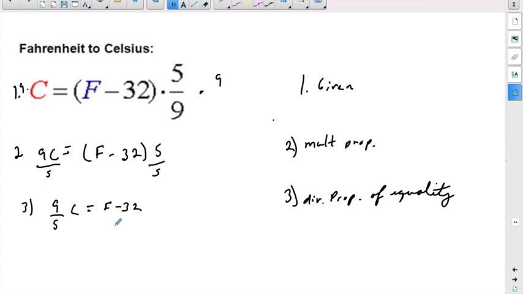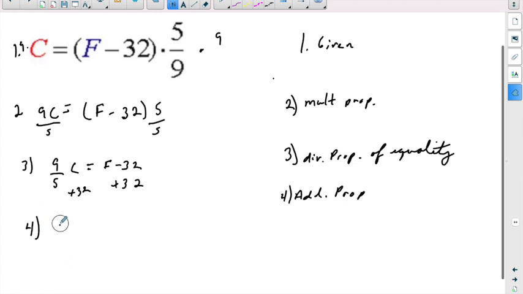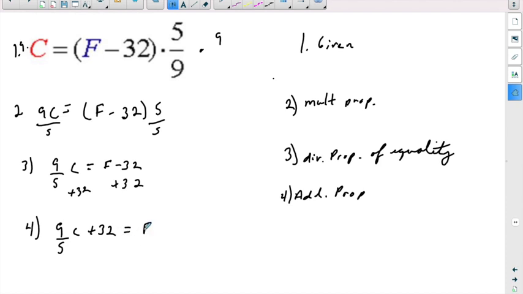From there, I'm going to add 32 to both sides of my equation. So the fourth step here is going to be addition property of equality. And that gives me my final answer, not my final answer, 9/5 c plus 32 is equal to f.